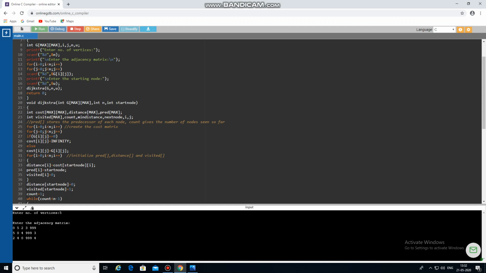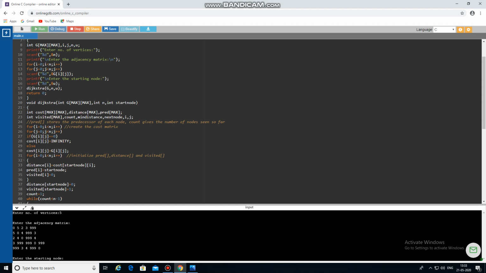Next from D to A it is 3, D to B we don't have a connection, D to C we don't have a connection, D to D it is 0, D to E again it is 999. Then last, E to A no link, E to B 3, E to C 4, E to D no link, E to E it is 0.